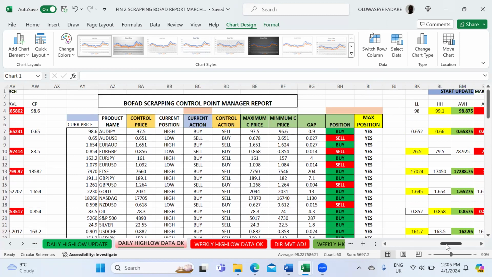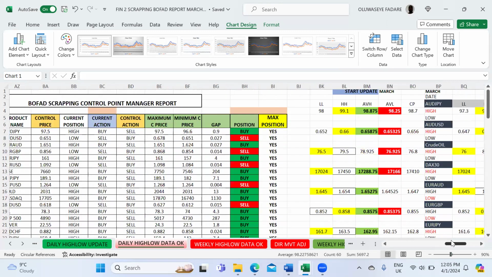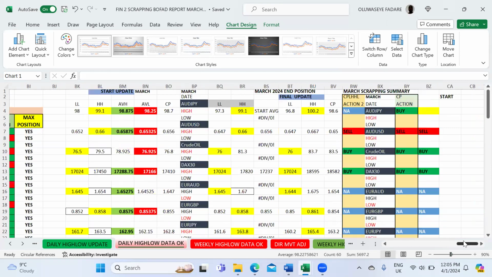Okay, so this helps us to identify also when the market moves and what action it needs to take in the course of the month.